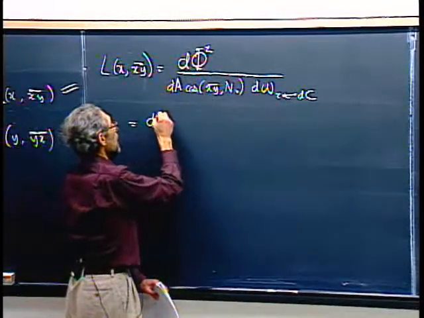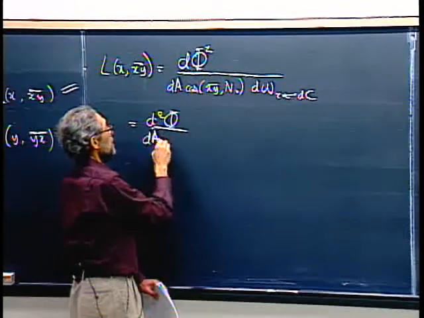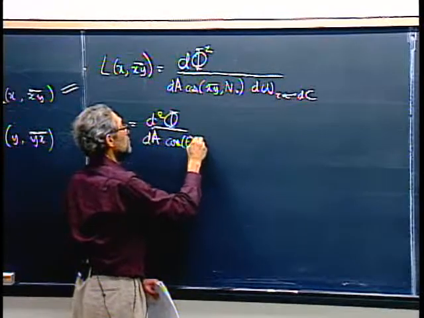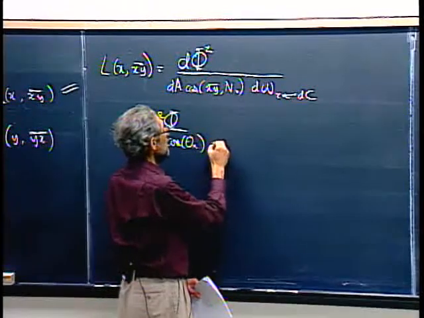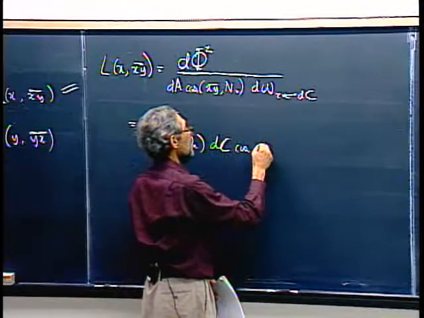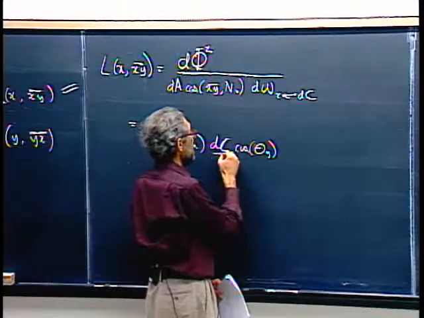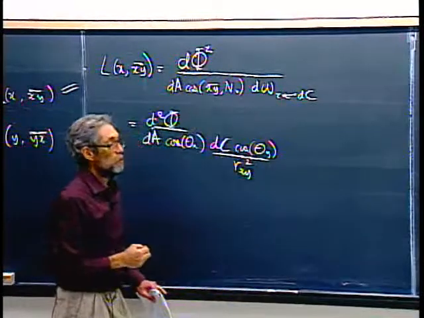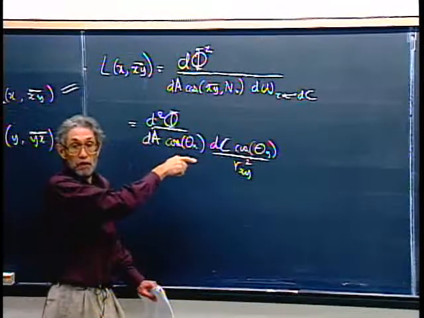For that, I can use my solid angle measure. Here I have my dA, cosine theta x for short, and then this d omega is dC cosine theta y divided by r_xy squared, because that's the formula we use for computing solid angles of a surface that is tilted to the beam.